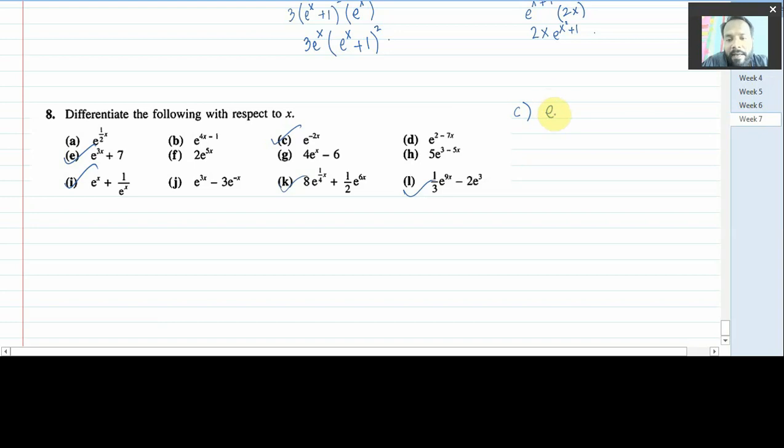So let's suppose I will begin the question with part C. It says e to the power minus 2x. So what you need to do is give it a try first, and you have a time of 30 seconds. So start.